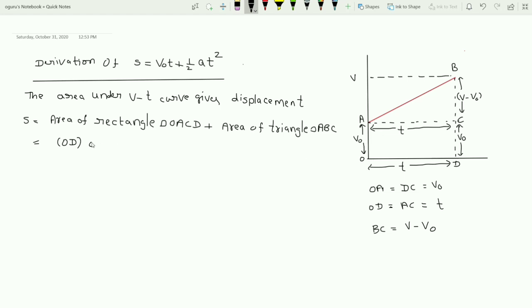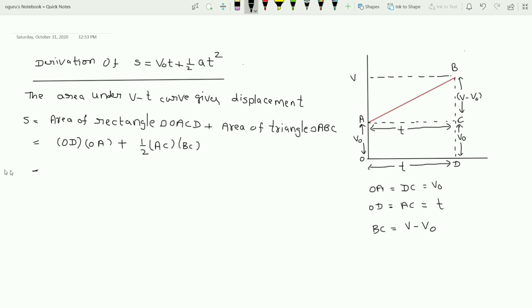That is length into breadth, plus the area of the triangle ABC. The area of a triangle is half into base into height. The base of this triangle is AC and the height of the triangle is BC.